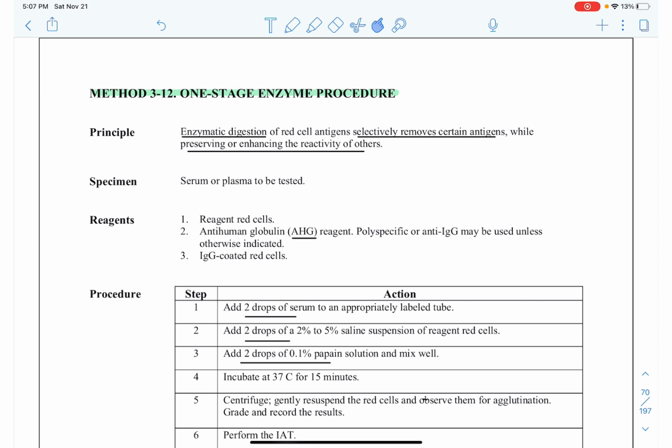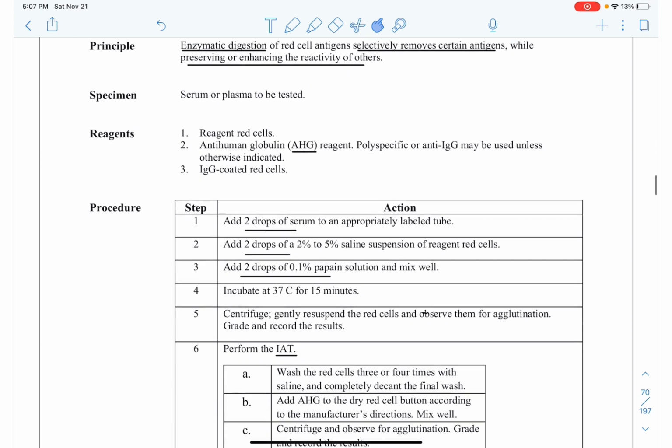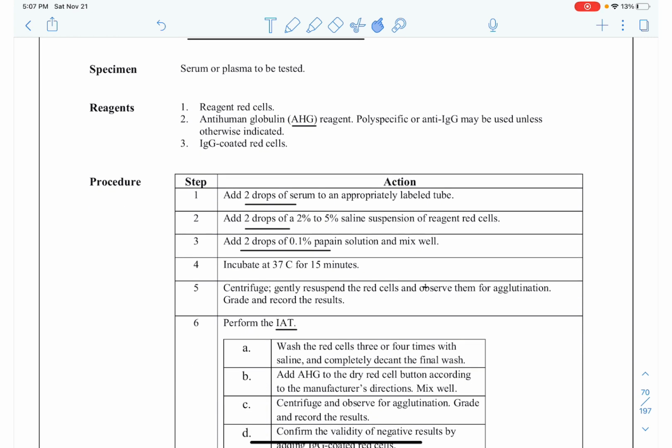The one-stage enzyme procedure principle states that enzymatic digestion of red cell antigens selectively removes certain antigens while preserving or enhancing the reactivity of others. The enzymatic reaction occurs on the red cells. The cells are washed 3 to 4 times. AHG is added and centrifuged, and the technologist grades the reaction.